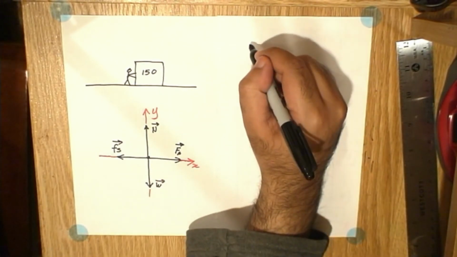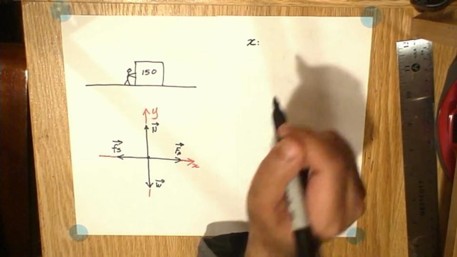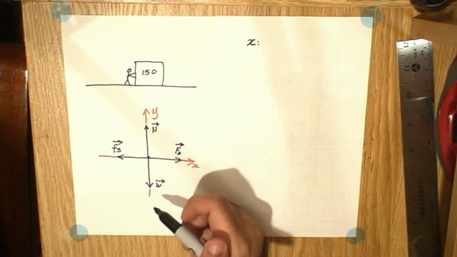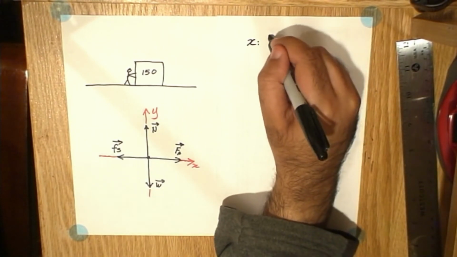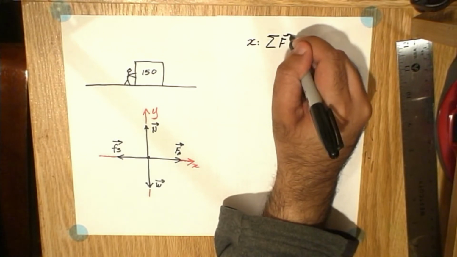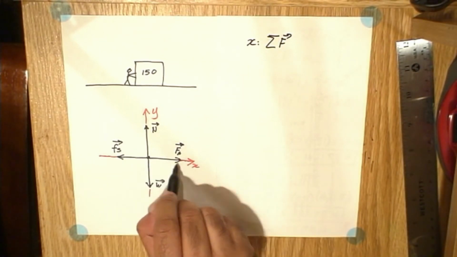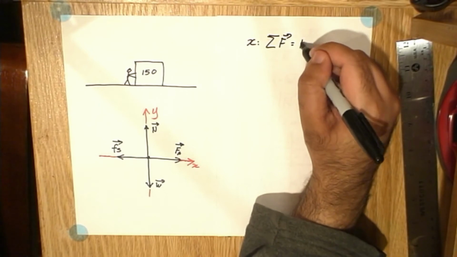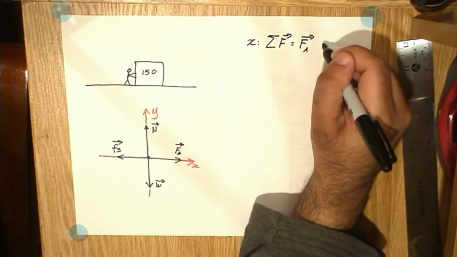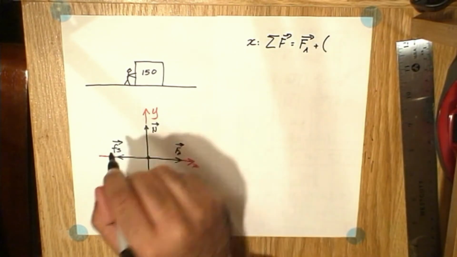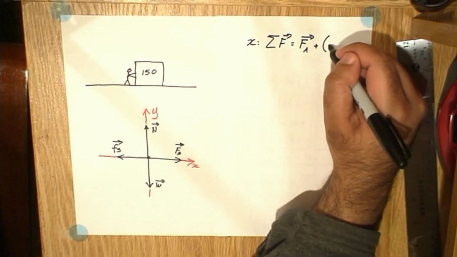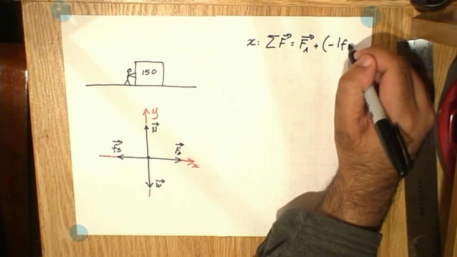Now, let us solve for the force balance in the x direction. The total force in the x direction is given by the applied force pointed rightwards plus the force of static friction, which is pointed leftwards. I'll write it like this.